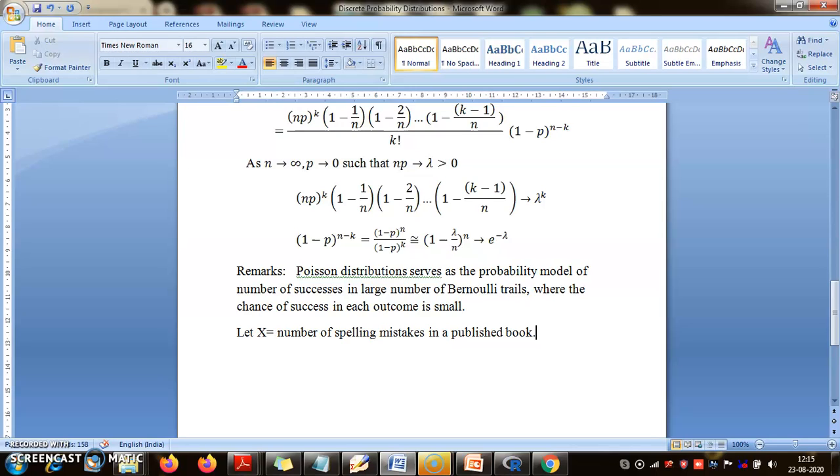So the total number of words would be your n, and whether each word is correct or not is Bernoulli. p denotes the chance that it is a mistake, because you are counting the number of mistakes. This is a classical example of this scenario where the chance of each mistake is small, so this distribution can be represented very well by the Poisson distribution.